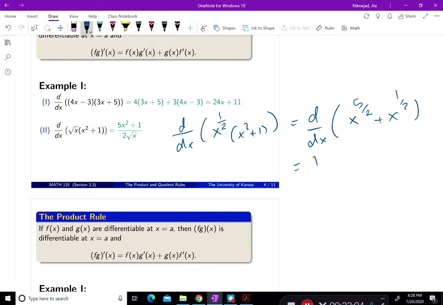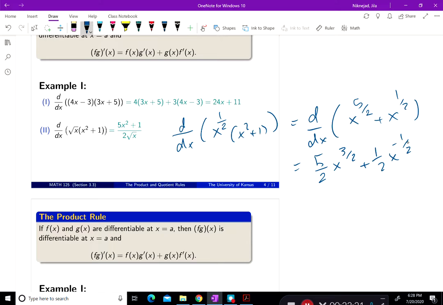The derivative of the first term: 5/2 comes down, x to the power 1 less, 5/2 minus 1 is 3/2, plus 1/2 comes down, x to the power 1/2 minus 1, which is negative 1/2.